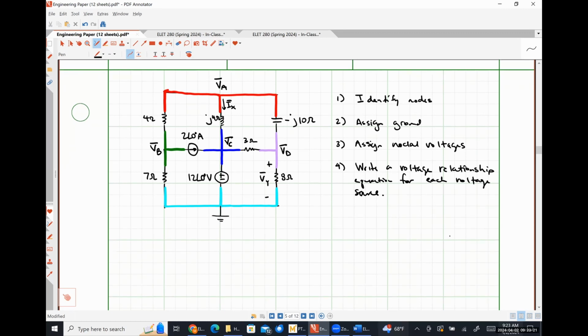So what's my voltage relationship equation going to be? I just find the voltage source, and I write down what the voltage source is telling me, 12 angle 0 in this case. The nodal voltage at the positive polarity terminal of the voltage source is VC. The nodal voltage at the negative polarity terminal is ground, or 0. So I have 12 angle 0 is equal to VC.